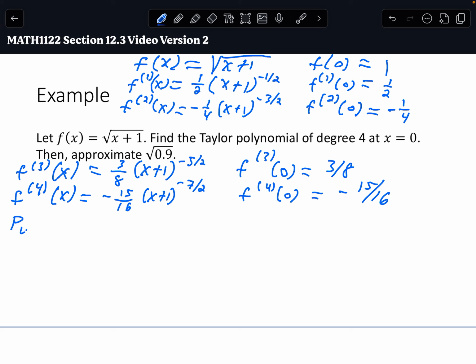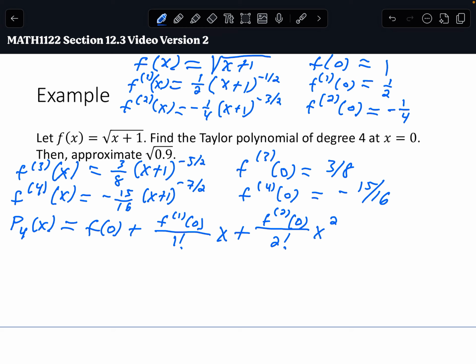But the fourth degree Taylor polynomial for this is going to be f of 0 plus the first derivative of f at 0 divided by 1 factorial times the value of x, plus the second derivative of f at 0 divided by 2 factorial times x squared, plus the third derivative of f at 0 divided by 3 factorial times x cubed, plus the fourth derivative of f at 0 divided by 4 factorial times x to the 4th power, right?